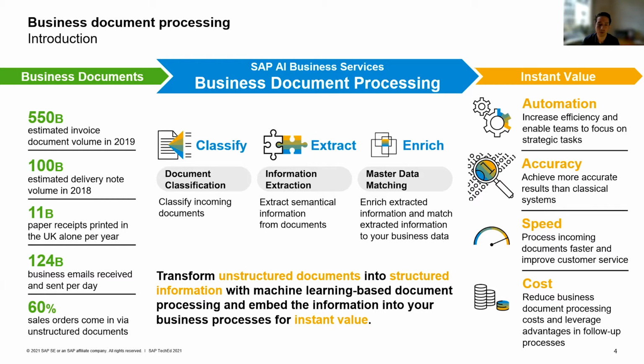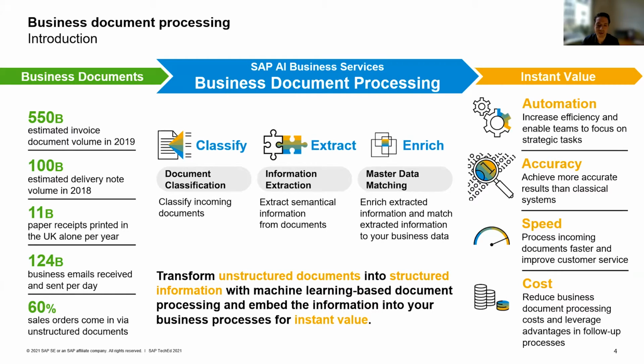Even though we all know that there are various ways to electronically exchange information today, still large amounts of documents are processed manually. So, for example, in 2019, 550 billion invoices changed hands on an annual basis.